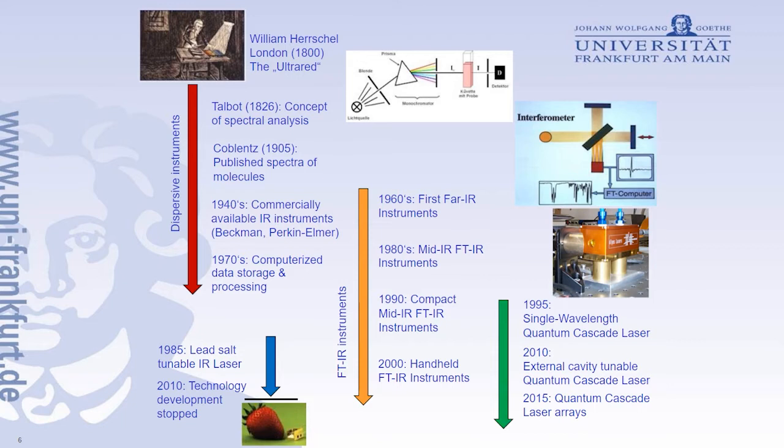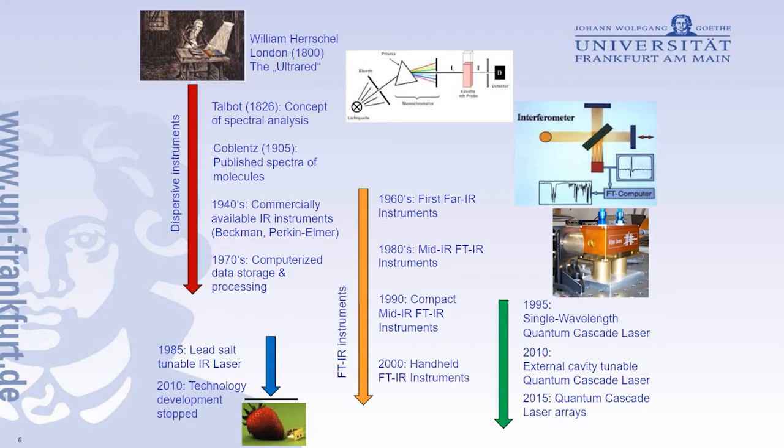But when Fourier transform infrared spectroscopy entered the field in the late 70s, you see that in the center for the mid-infrared, infrared spectroscopy became more interesting for biochemistry and even later on for medicine. That went from the first tabletop devices having a few square meters of optical table area to handheld instruments that are now available for the last 10 to 15 years.